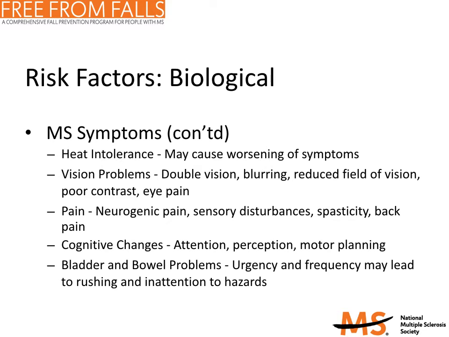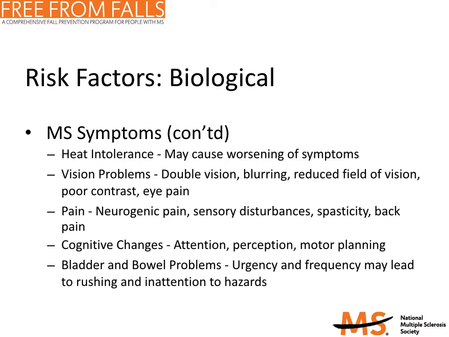An increase in core body temperature can be caused by conditions such as hot weather, high humidity, hot baths, heated swimming pools, physical exertion, or fever. This increase in core body temperature can slow nerve conduction and temporarily worsen MS symptoms.